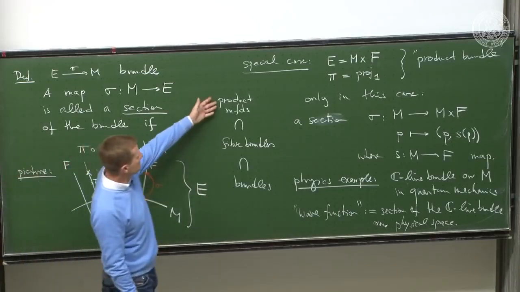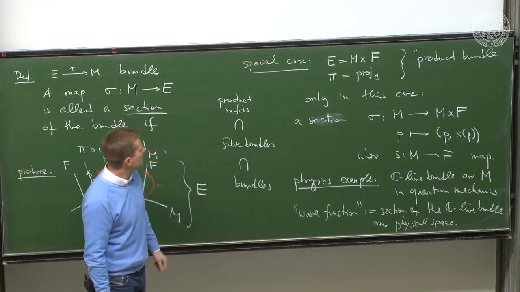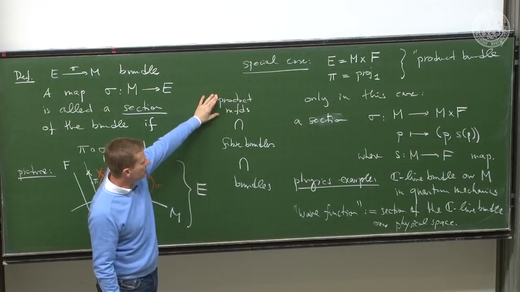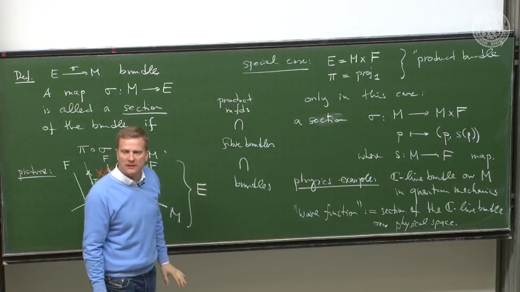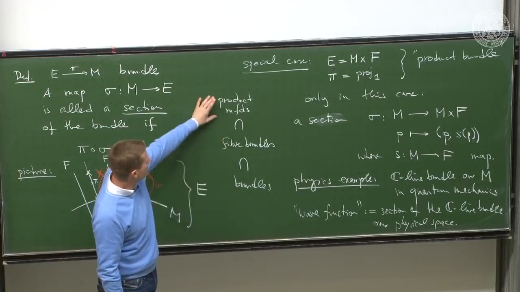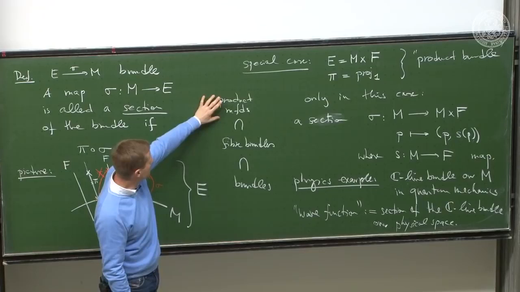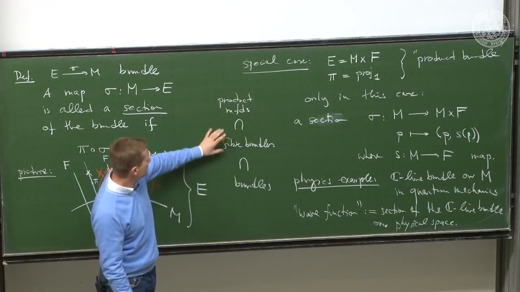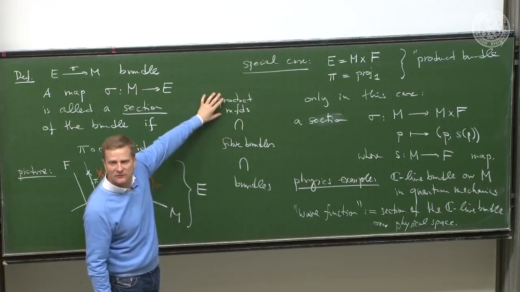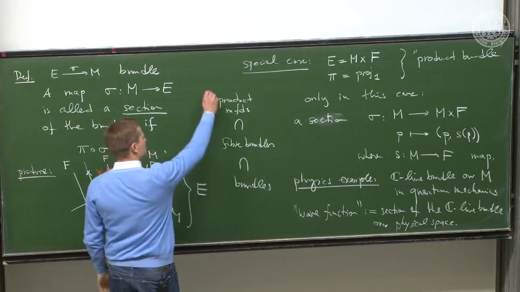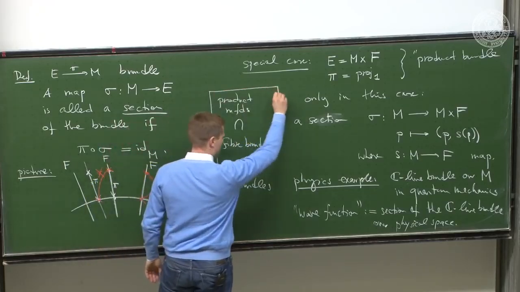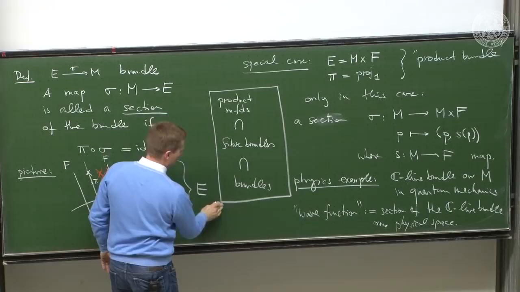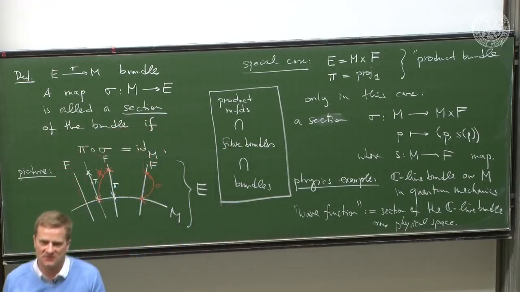This is the degree of specialization. If you had a product manifold, you could talk about a wave function if that was the structure in quantum mechanics, but in fact you have only a fiber bundle. Fiber bundles are between product manifolds and bundles, but they're still much more general than product manifolds. You should look at this at home, compare the definitions, and see that it's all very simple. It's just a lot of terminology at once.